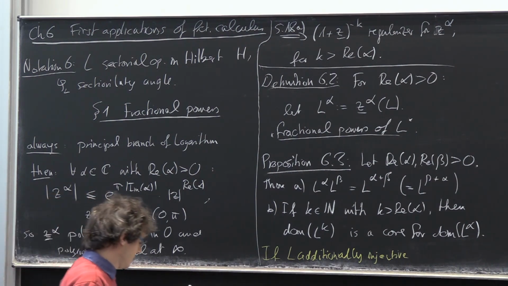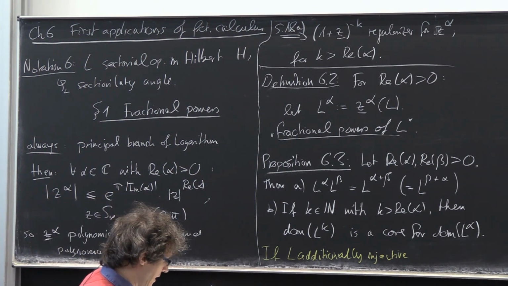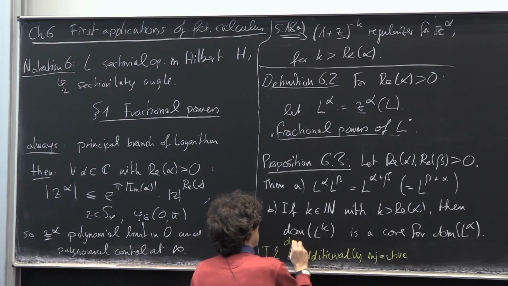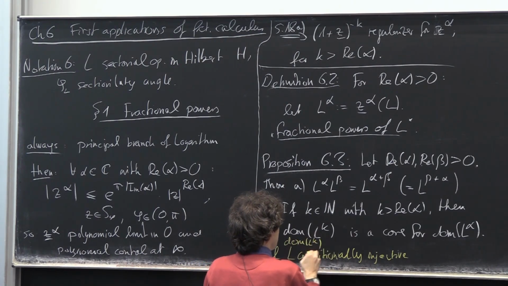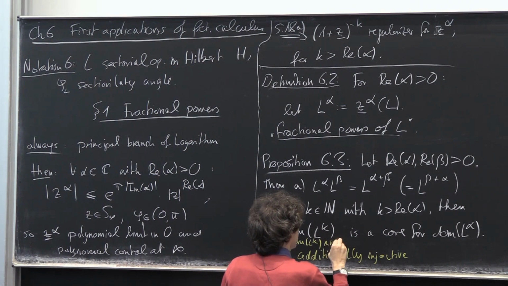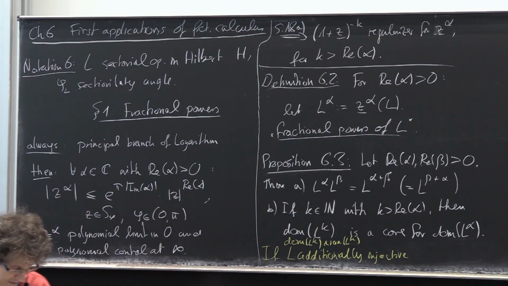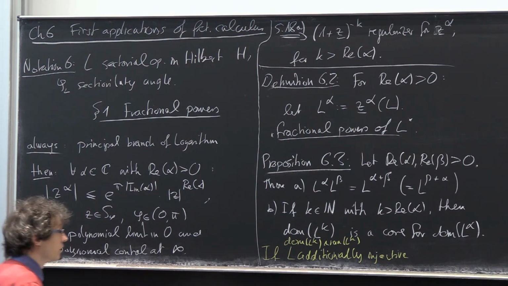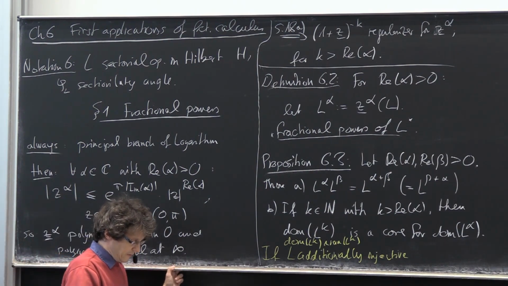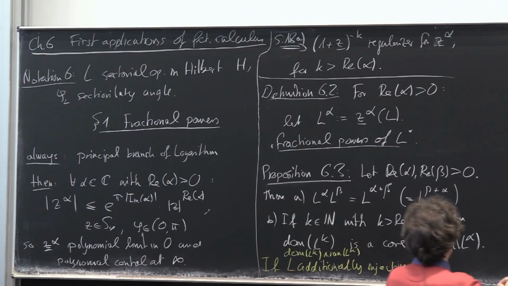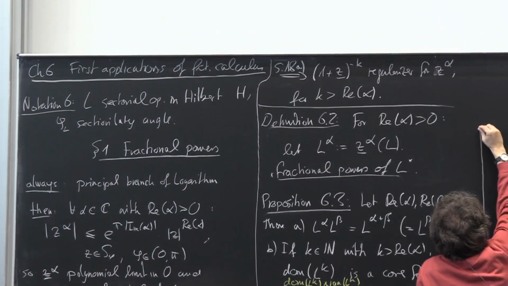And then you get a little bit better thing than even the set domain of L^k intersected with the range of L^k. So this is a smaller set, and in this case, even this space is a core for the domain of L to the alpha. Okay. So that's the claim. Let's prove this.